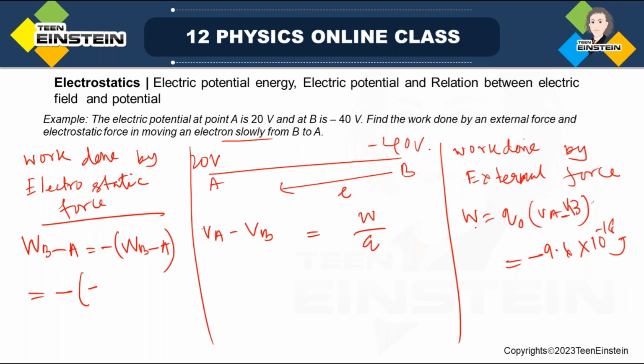So WBA, this one by the electric force, this one by the external force. So what we get here is minus of minus 9.6 into 10 to the power minus 18, so it will be positive.